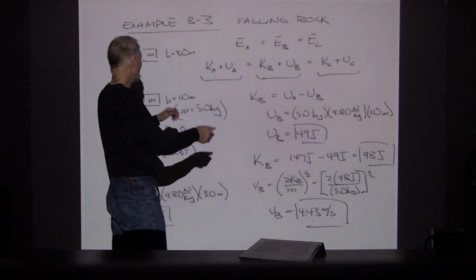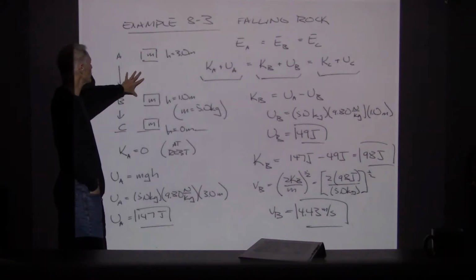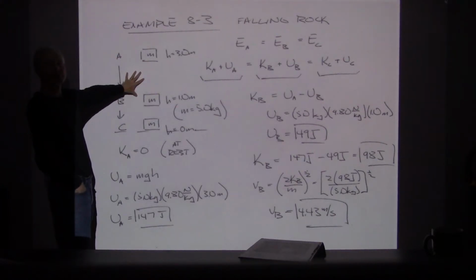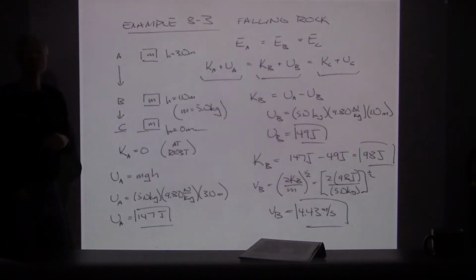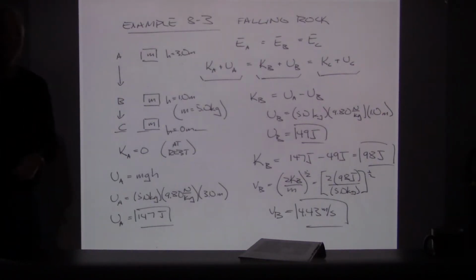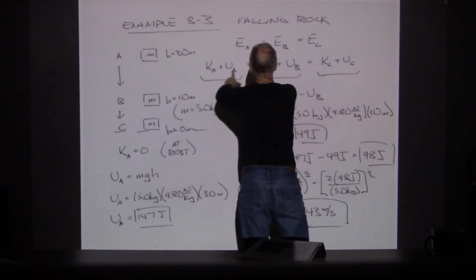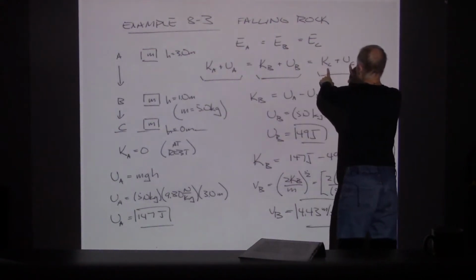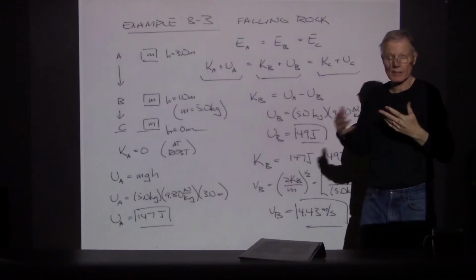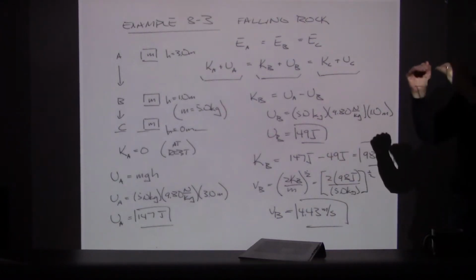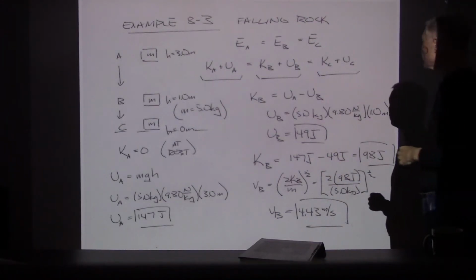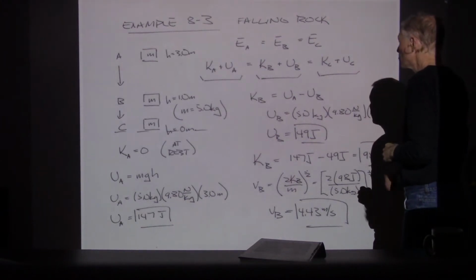A little later we'll get into friction and air resistance and mechanical energy losses, but for now we're assuming it's kind of like dropping this on the moon with no atmosphere, and all the energy stays within the system. So at each point, I can take the kinetic and the potential, and I can set those equal. So the combination of kinetic and potential that we start with stays fixed through the problem.